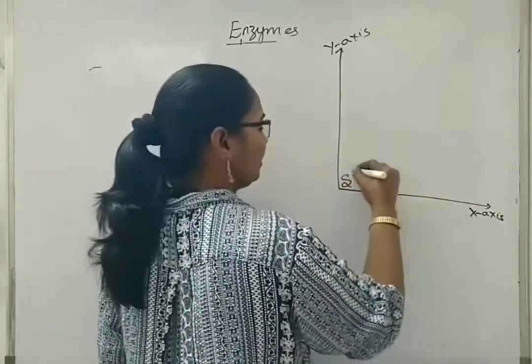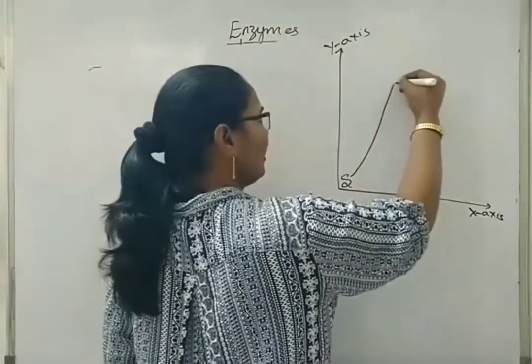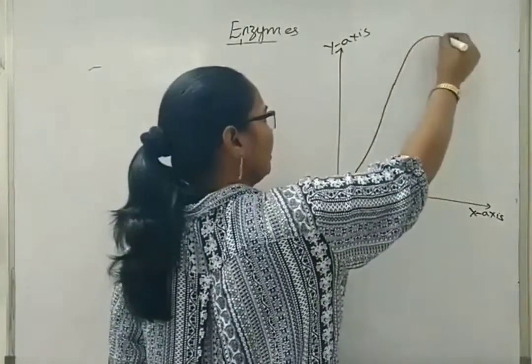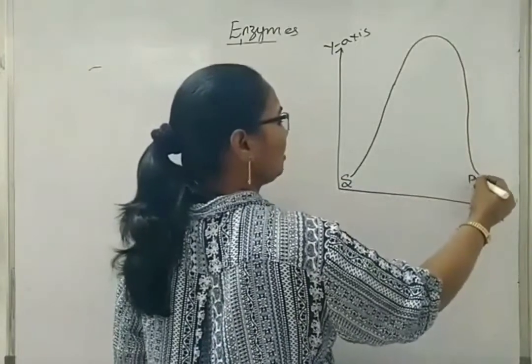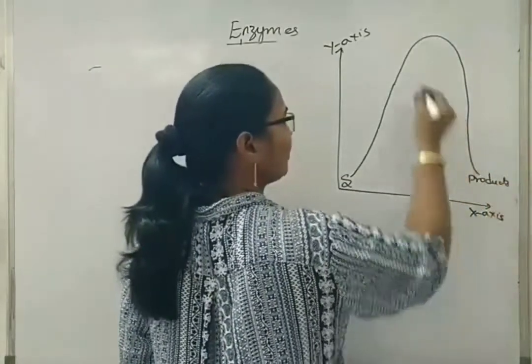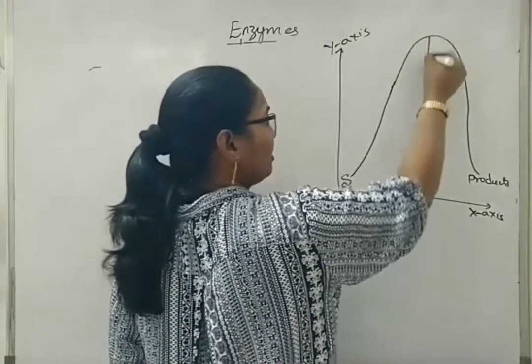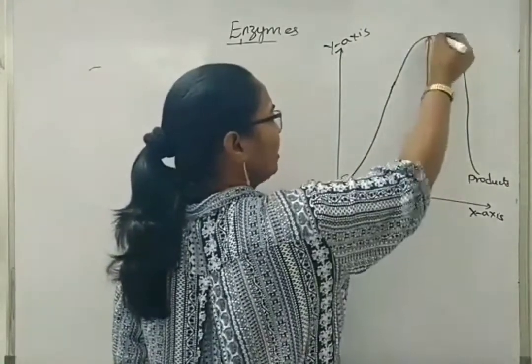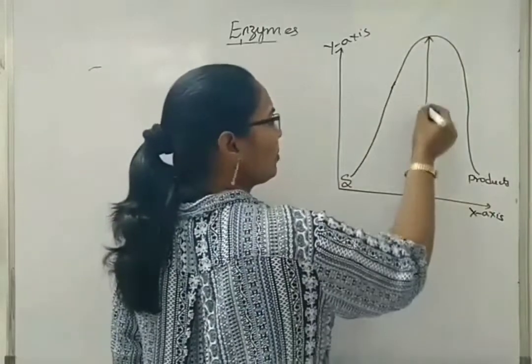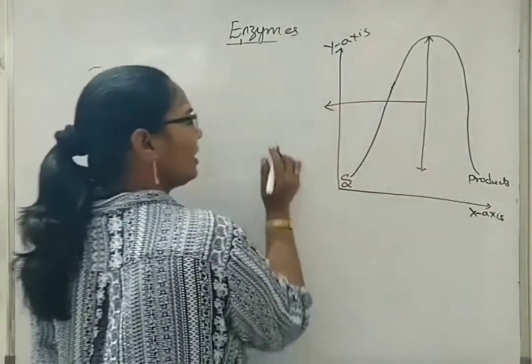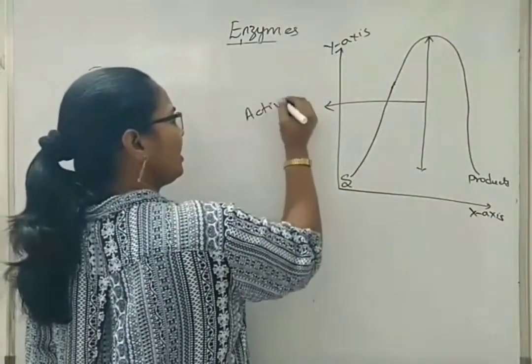Take a substrate that is involved in the reaction. If it has to complete the reaction and give out products, it has to spend more energy. Activation energy required to give out the products is more. So this long line indicates activation energy.